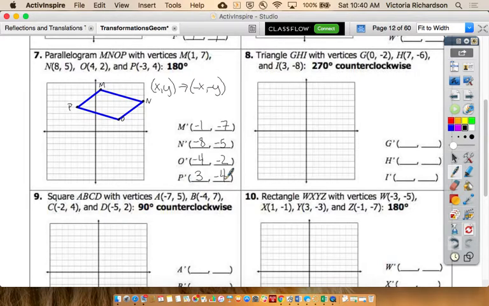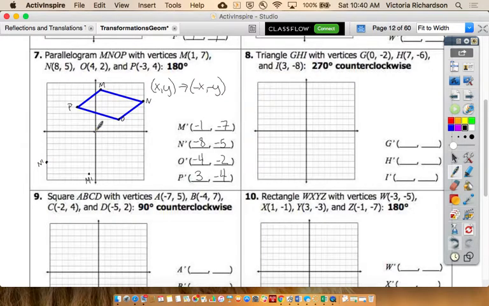So now I'm going to graph my new points. Negative 1, negative 7 is M prime. Negative 8, negative 5, 1, 2, 3, 4, 5.